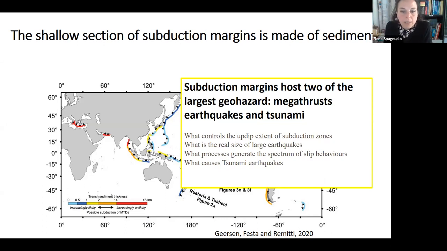And still we have a large number of key questions, in particular: what controls the up-dip extent of subduction zone earthquakes, what is the real size of large earthquakes, what processes generate a spectrum of slip behaviors, what causes tsunami earthquakes, and so on and so forth. So that's why sediments are particularly relevant.